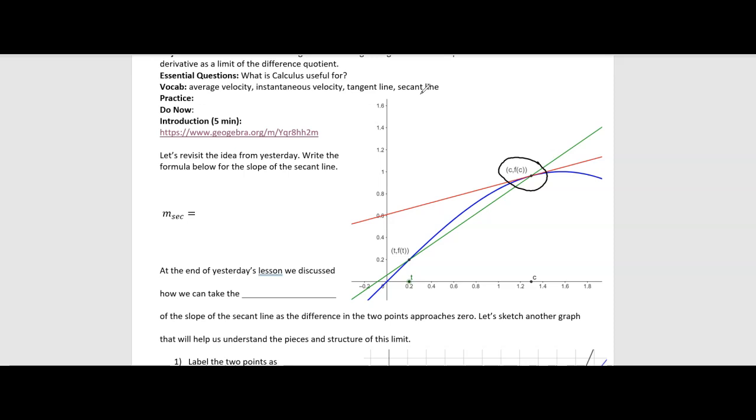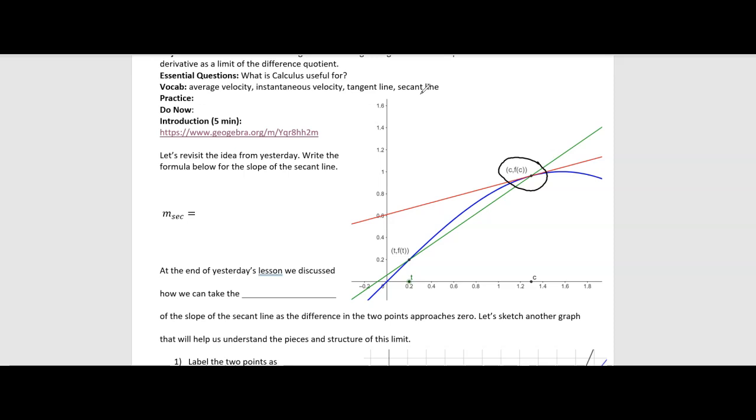Up until this point in our mathematical journeys, we've only been able to find slopes of segments or slopes of secant lines. So we've been able to estimate the average rate of change, or the average slope between 2 points. But unless the function was a constant function, we weren't able to find the instantaneous or the specific slope at an individual point.